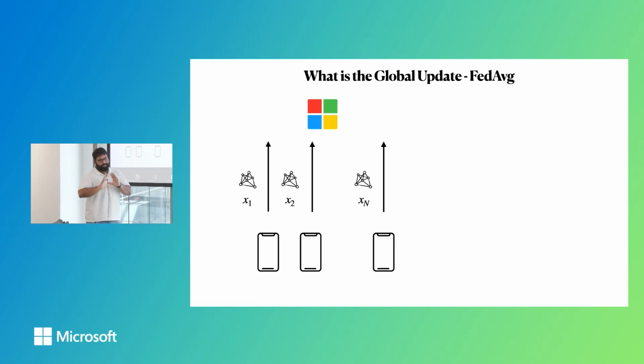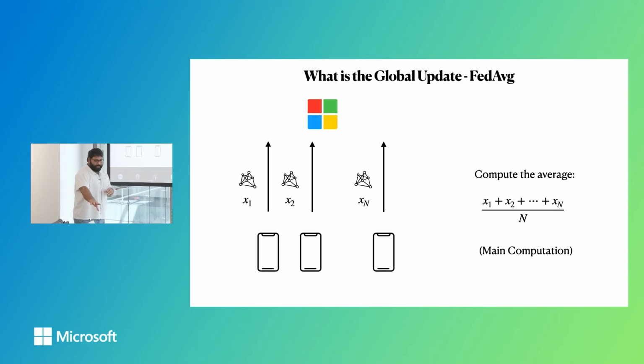So let's actually take a look at what the update is, right? What is the global update that the server is going to do once these parties have sent their local inputs or local updates? So it turns out, this is a little bit of an abstraction, but the only thing you're going to do is take an average of the inputs.